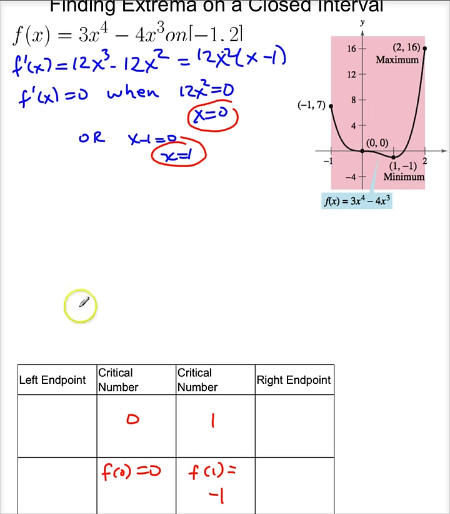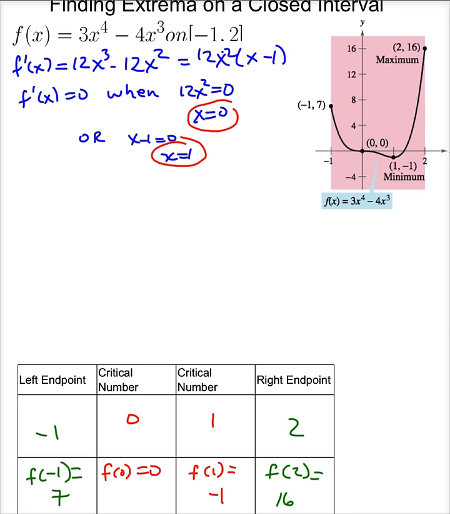The next thing I need to do is evaluate at my left and right endpoint. My left endpoint is negative 1, and my right endpoint is 2. So my function evaluated at negative 1 is equal to 7, and my function evaluated at 2 is 16.